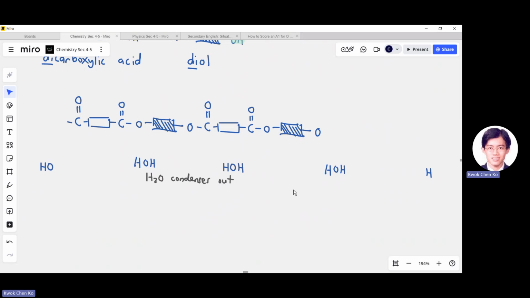Try drawing one repeating unit and the structure of the polymer. If you have finished, let me take a look.